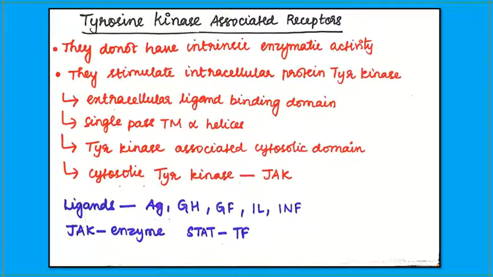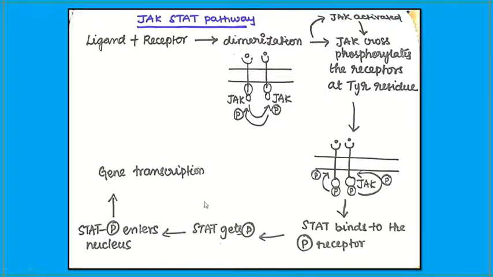JAK is the enzyme, STAT is the transcription factor. You know the function of a transcription factor? It will help in the transcription of genes. So this STAT protein can go inside the nucleus because it is a transcription factor. So let's see the pathway of JAK-STAT.